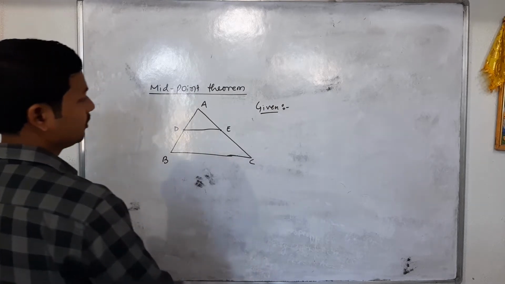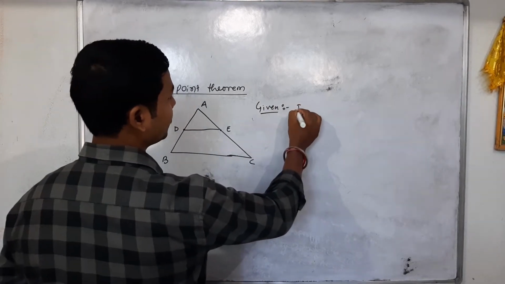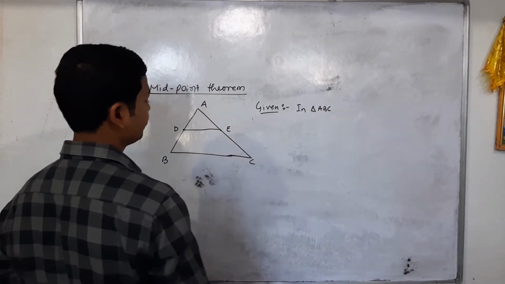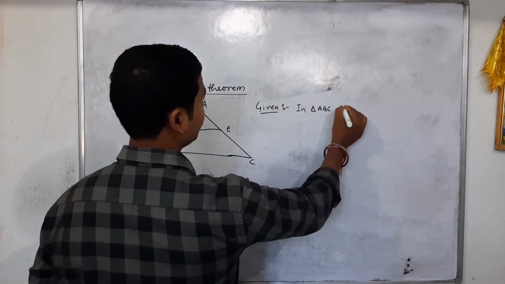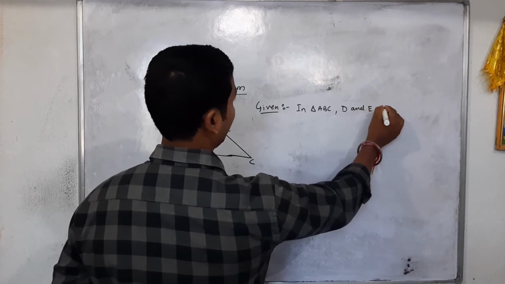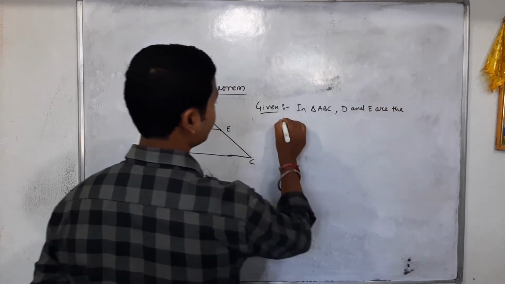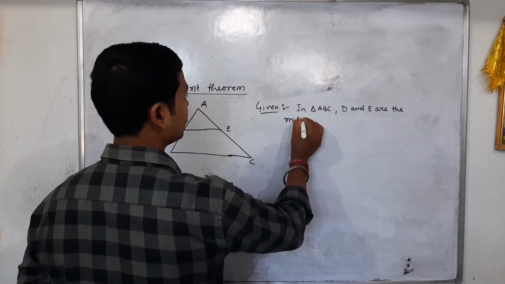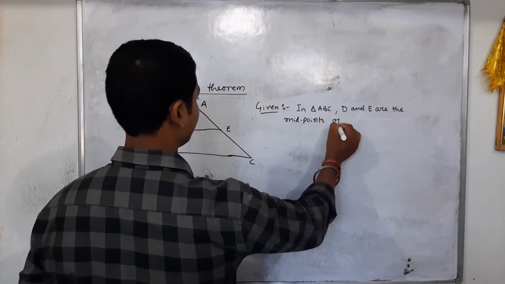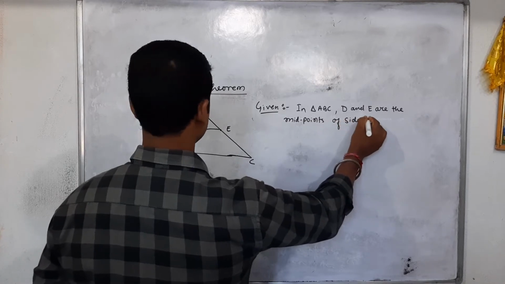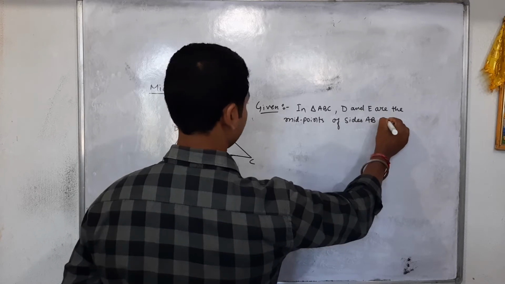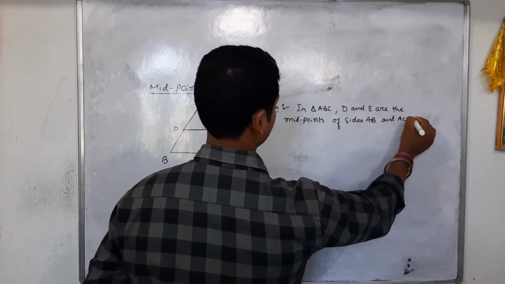See, consider in triangle ABC, D and E are the midpoints of sides AB and AC respectively.